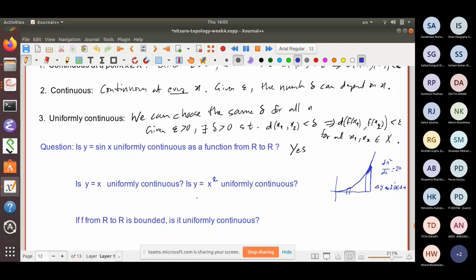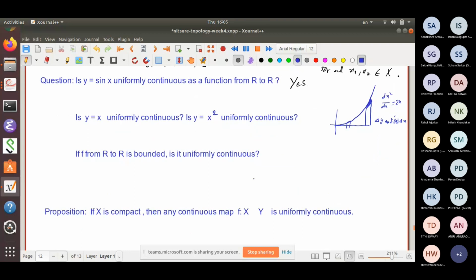Okay. Next question. If f from R to R is bounded, is it uniformly continuous? This thing was clearly unbounded, so it can change quite a lot. So suppose it is bounded, is it uniformly continuous? Take sine 1 by x. Sine 1 by x is not a function from R to R, is it? I'm modifying it, adding something: at 0, we define it to be 0. Is that continuous?